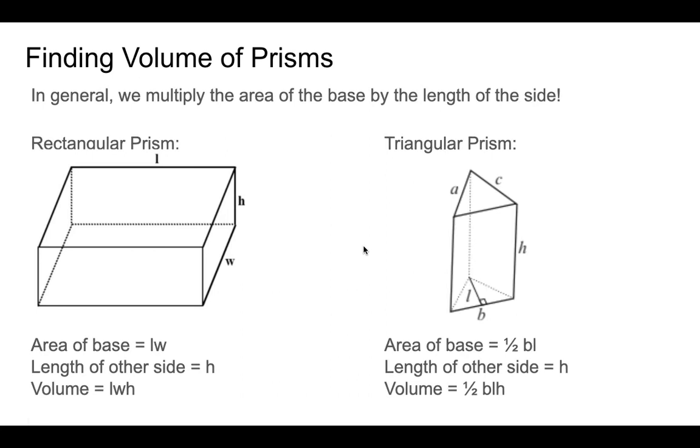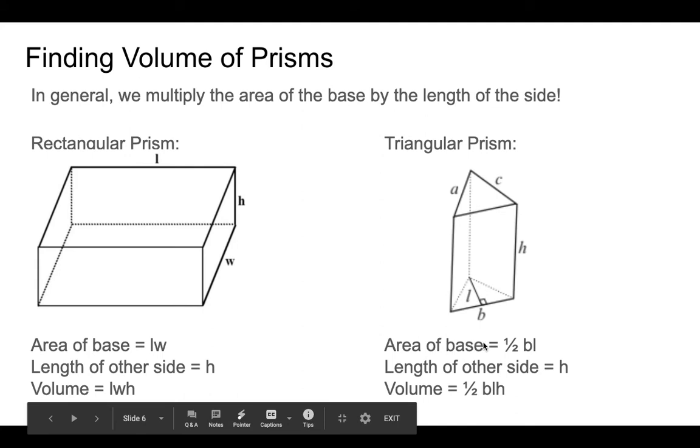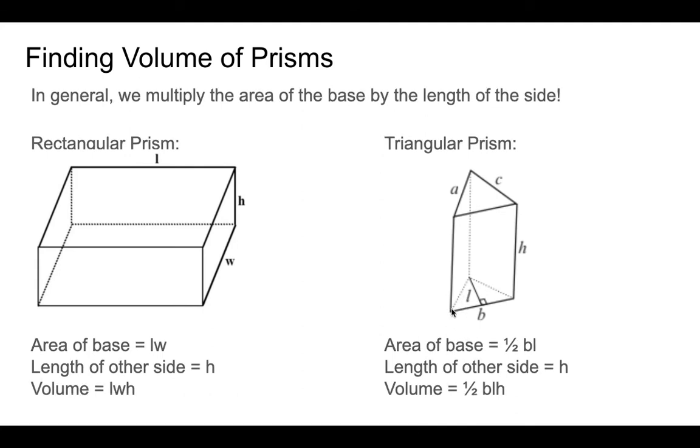Similarly, for a triangular prism, you might remember that the area of the base is 1/2 times the base times the length of the triangle. We also call this the height, but now because we have height here in three dimensions, we're going to call this the base and then the length of the triangle.